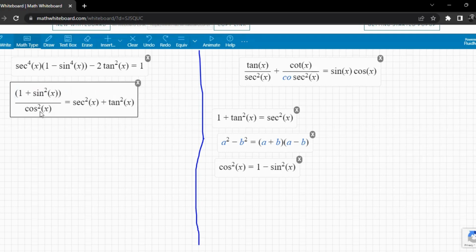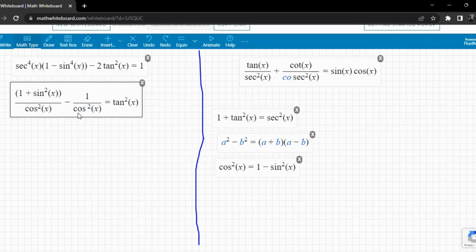Next, what we can do is transpose the secant square x to the LHS. So this will become minus secant square x, and remove this. We can write 1 minus secant square x as 1 by cos square x minus 1 by cos square x, correct?